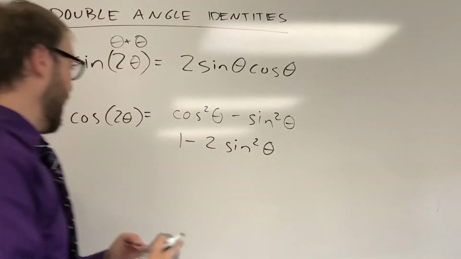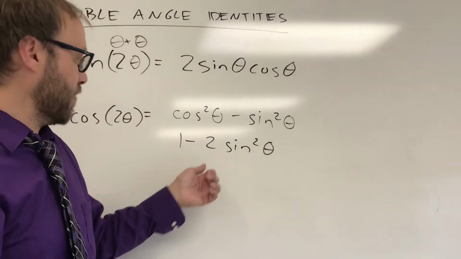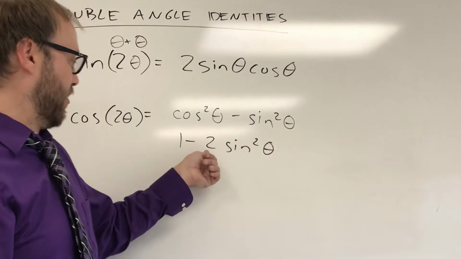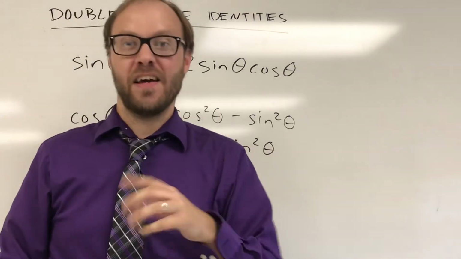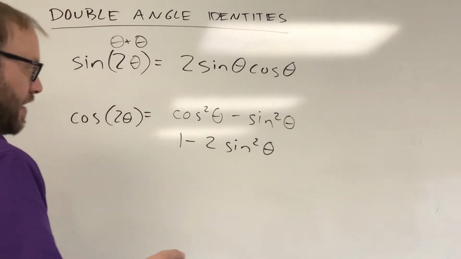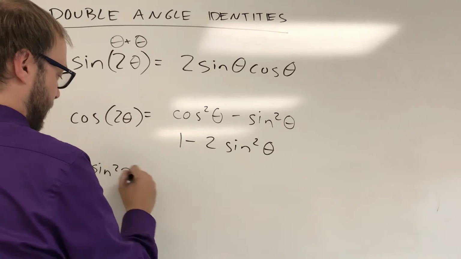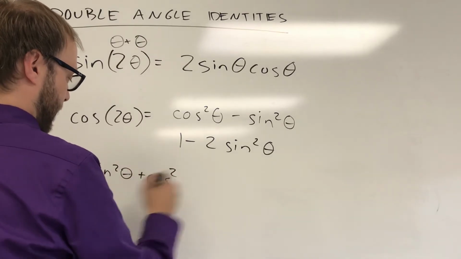That is another way of writing the cosine double angle identity. And by the way, this one's nice because you just need to know the sine, and you can put it in, and you can find the cosine of twice an angle. Kind of interesting.